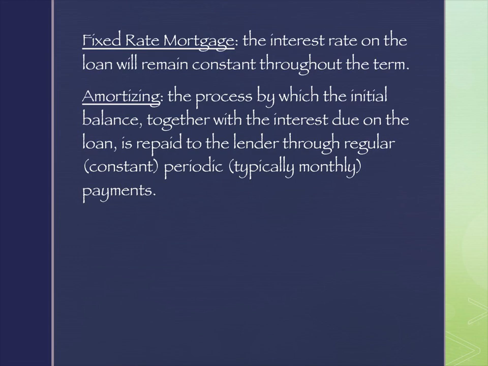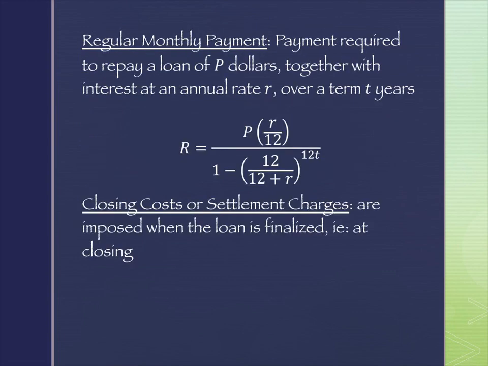And it does it for however long the month of the process that you have chosen, the term for your loan. All right, regular monthly payments is the payment required to repay a loan of P dollars, together with an interest at an annual rate R over a term T years. So this is a very funky looking formula because it's got fractions inside of fractions.